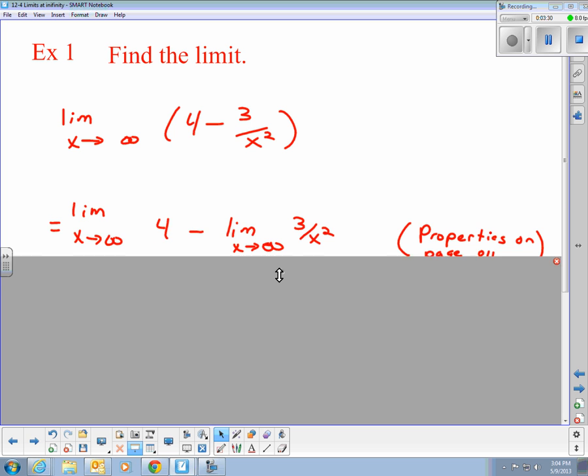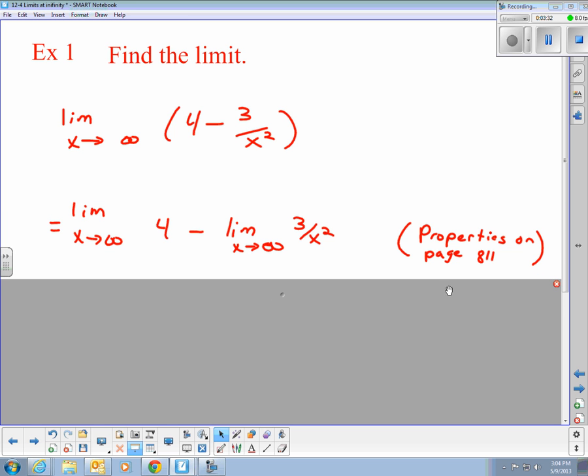Our first step is we're going to apply some properties that are actually found in your text on page 811. You can go back and check them. When we have an expression we're trying to take the limit of, we can split it up into 2, very similar to the logarithm stuff we did a few months ago. So we have the limit as x approaches infinity of 4 minus the limit as x approaches infinity of 3 over x squared.